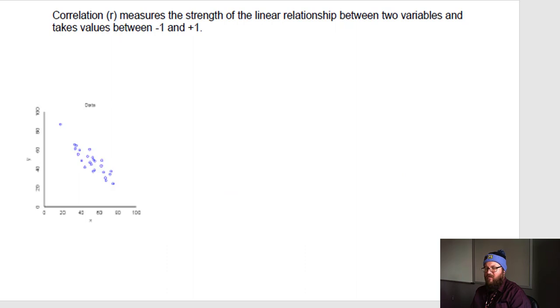So let's describe these. With correlation, we want to know how to describe these, in which case I use DUFS. Like the Duff's beer on The Simpsons. Okay?